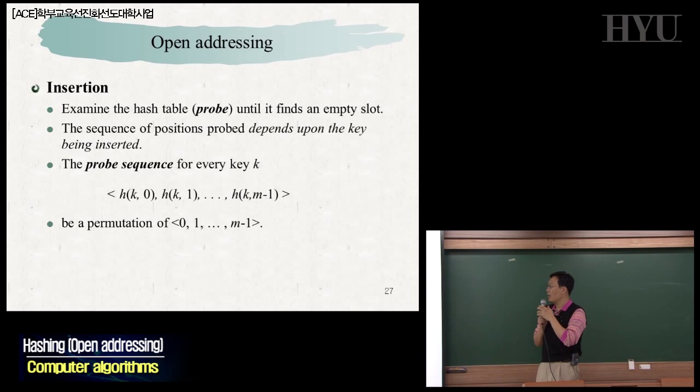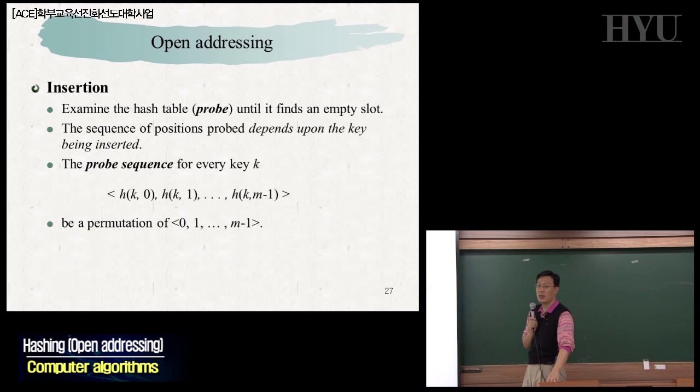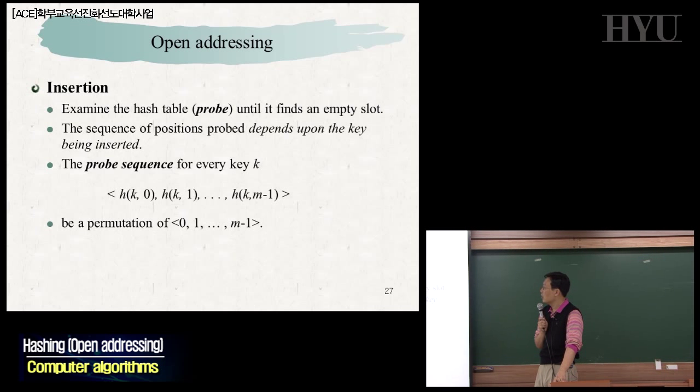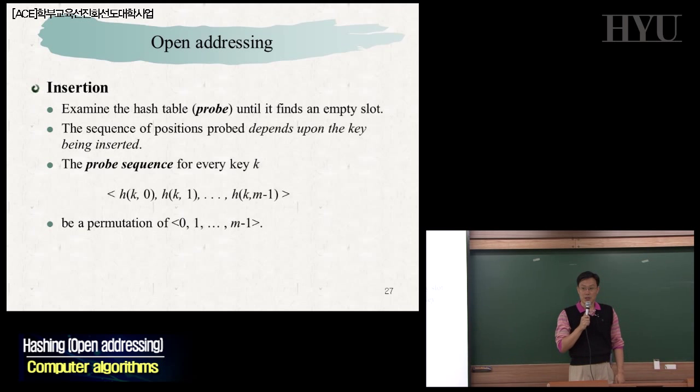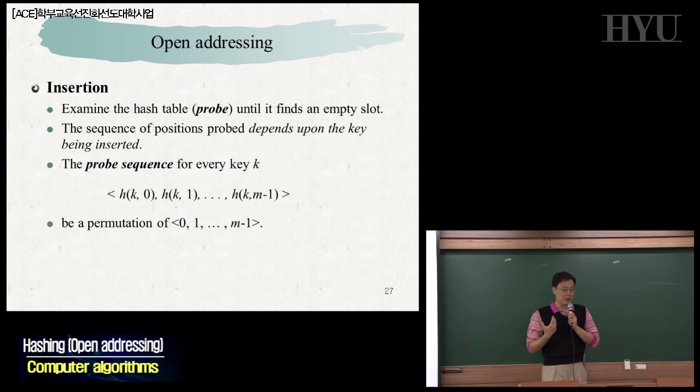Okay, then I will explain open addressing formally. Insertion is like this. It examines the hash table until it finds an empty slot. Examining the hash table is called probing. And the sequence of positions probed depends on the key being inserted.